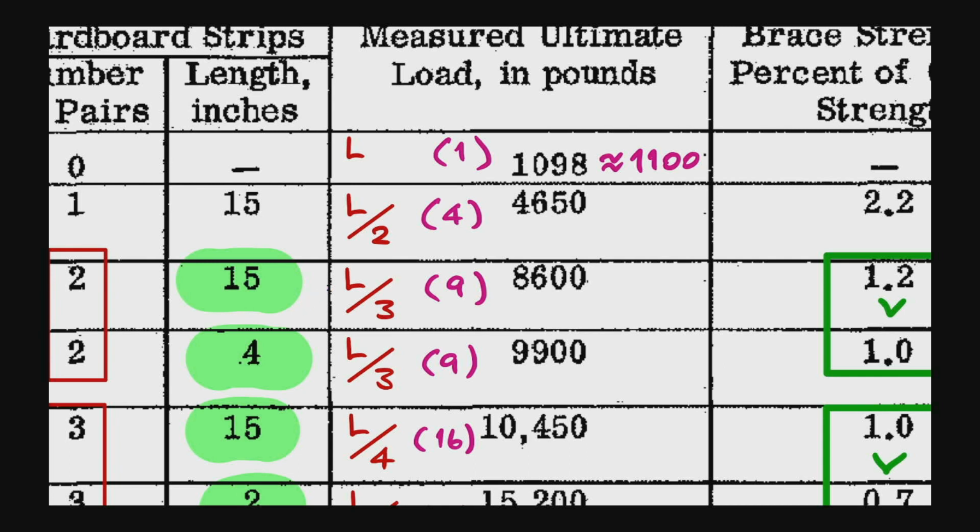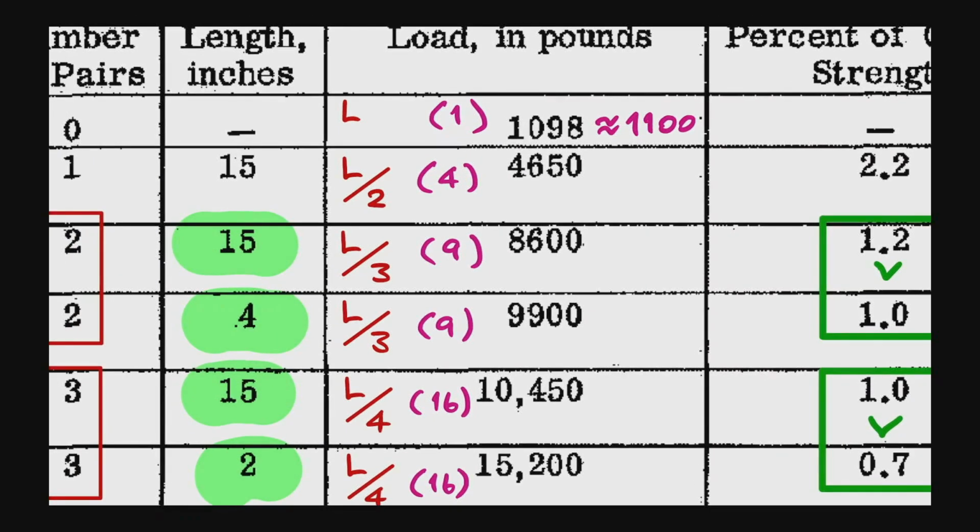EA over L, that is your stiffness, and EA is constant, L is longer, then you get less stiffness, whereas the 4 is giving you higher stiffness, not as deformable as the 15.